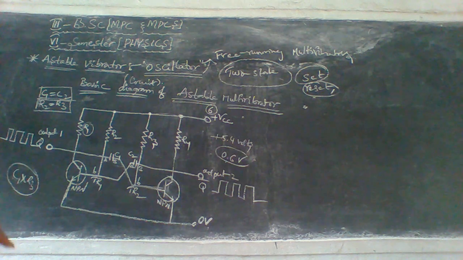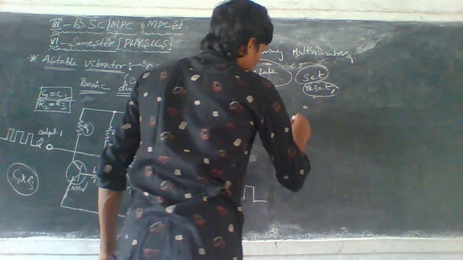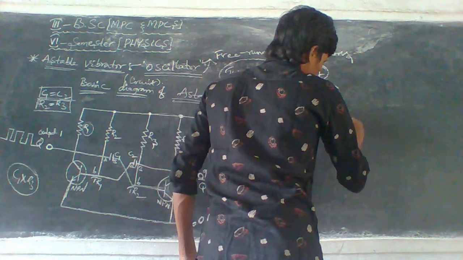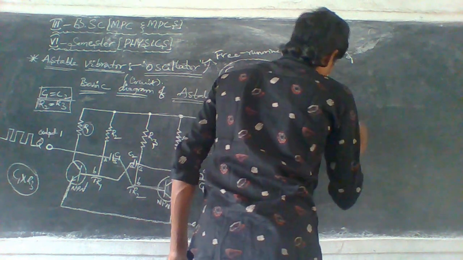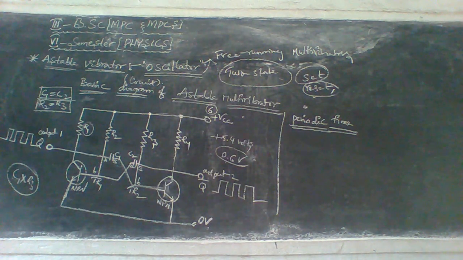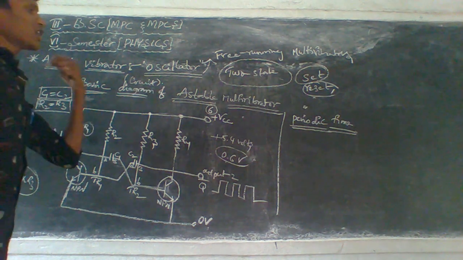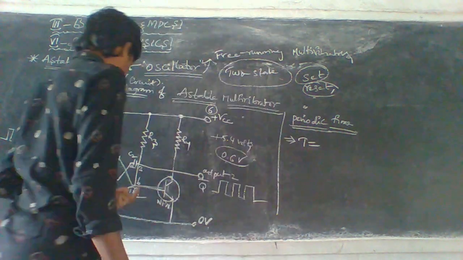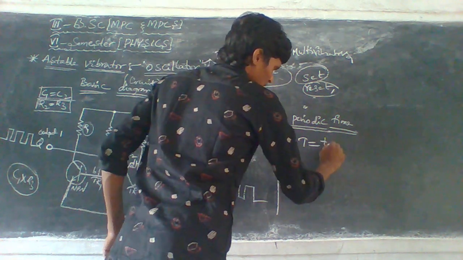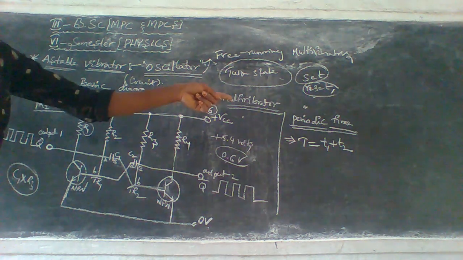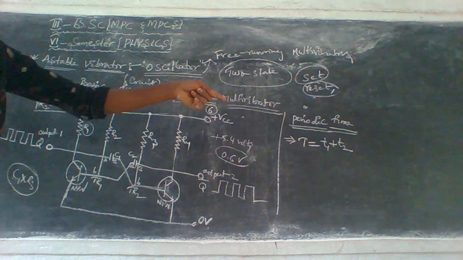Okay, so here the periodic time of the astable multivibrator, capital T, is equal to T1 plus T2.